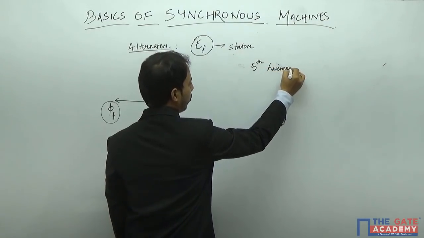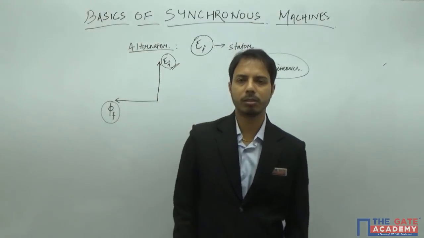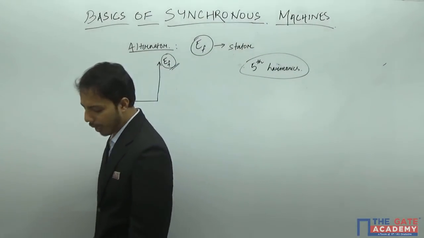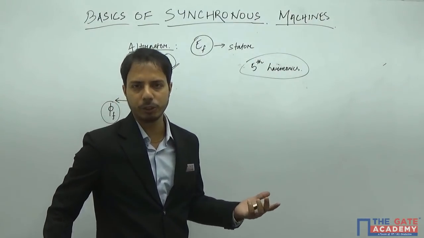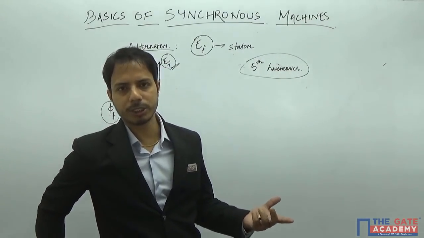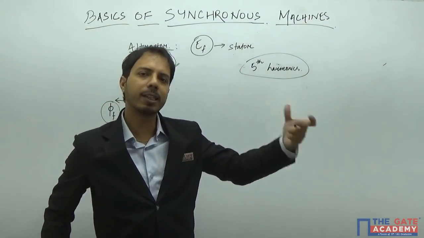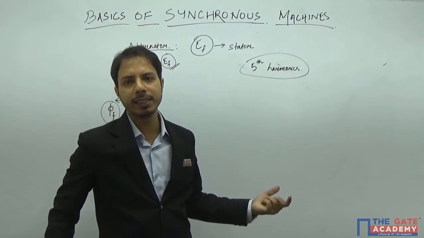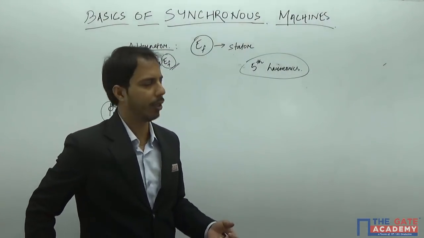There is a technique to do that. Suppose my flux, I cannot say that my flux will be perfectly sinusoidal. There will be some distortions, and due to that distortion, suppose the fifth harmonic is the component which is highest compared to other harmonics. Fifth harmonic is dominant.